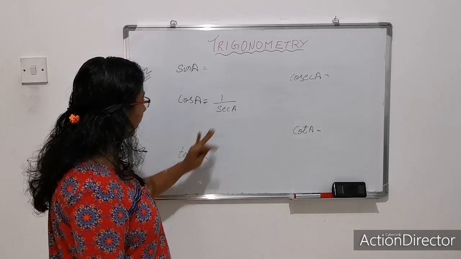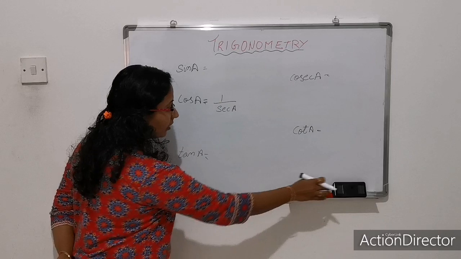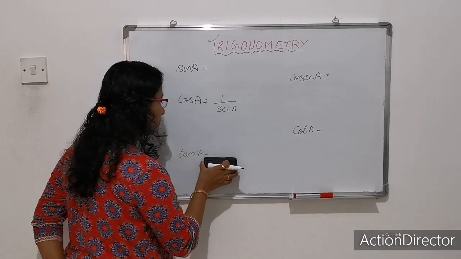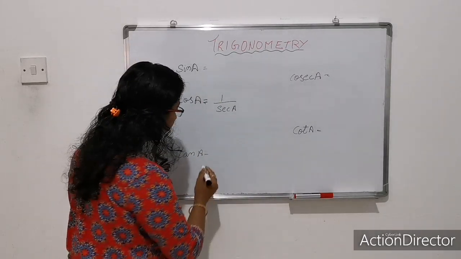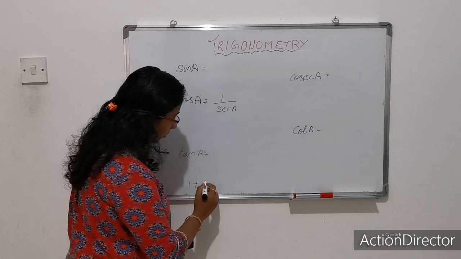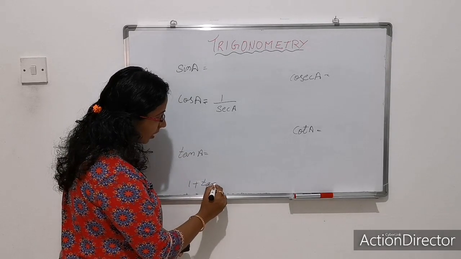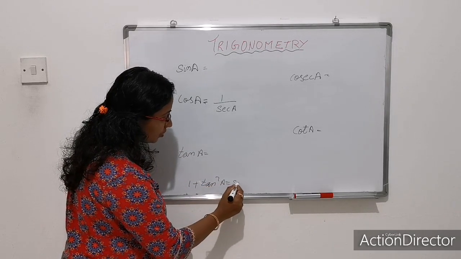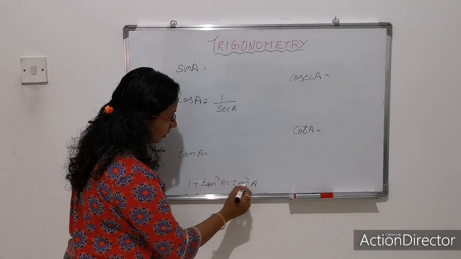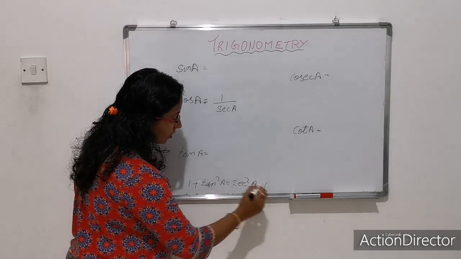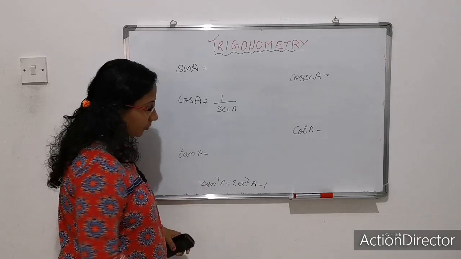Clear? Now tan A. Tan A, as we know the formula, 1 plus tan square A is equal to sec square A, right? So tan square A is equal to sec square A minus 1.